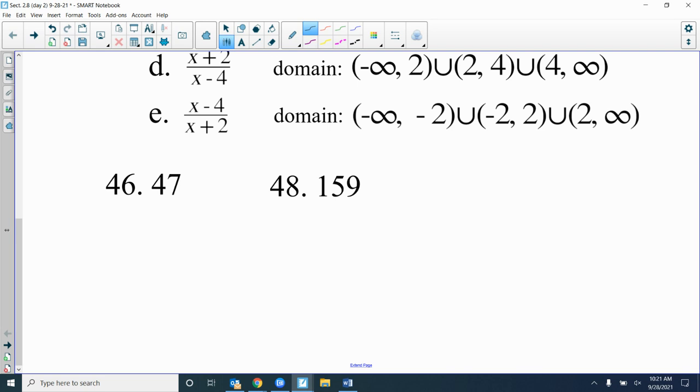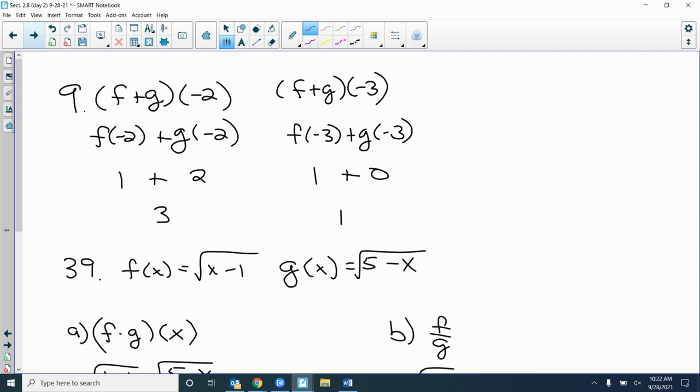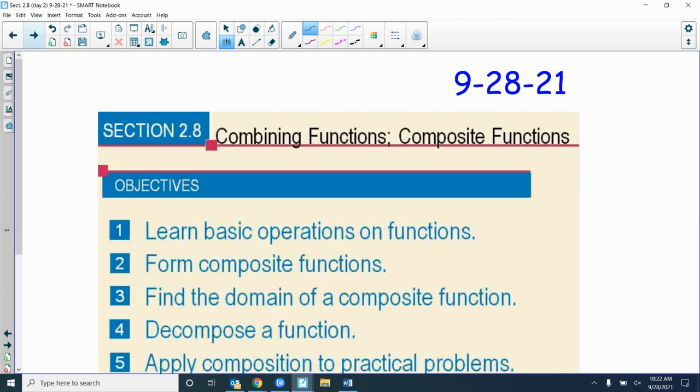Okay. All right, get out those guided notes. We'll finish those up. All right, we're still on section 2.8.